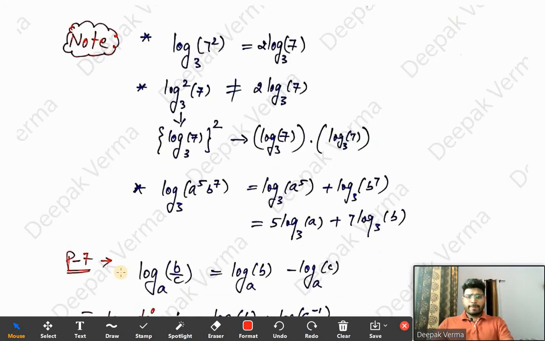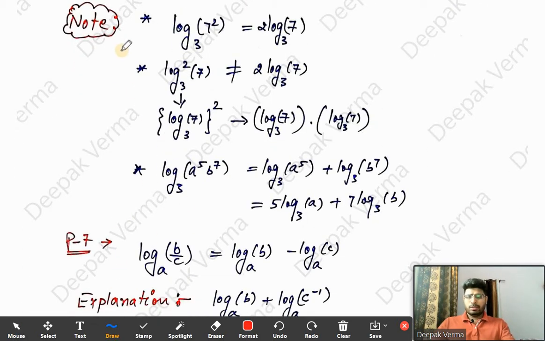Now, one more thing that is again very important. If we are writing log 7 to the power 2 with base 3, then it is fine. If we are taking 2 in front of the log, then we can write 2 log 7 base 3 by the property that we just read. But if we have log 7 base 3 with the power outside, the whole thing to the power 2, and we apply the property and write 2 log 7 base 3, this time it will be wrong.